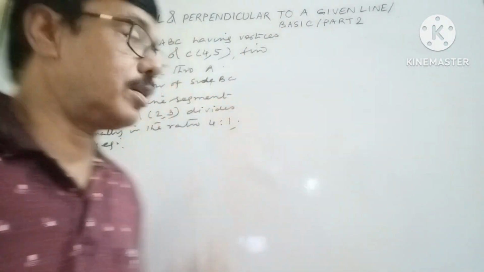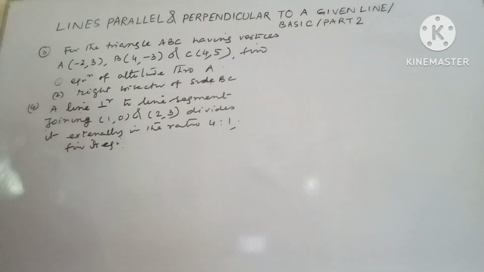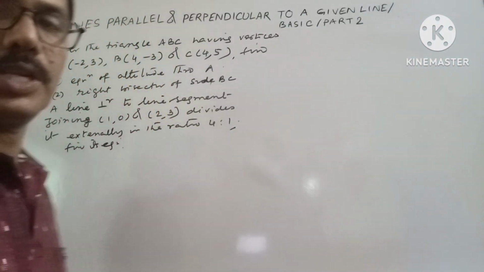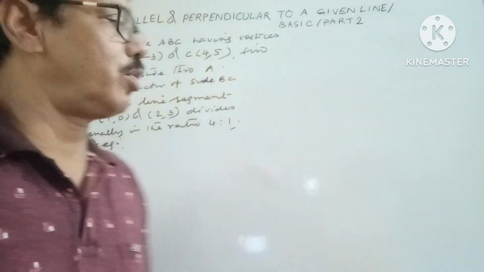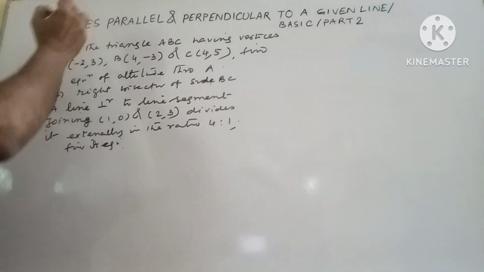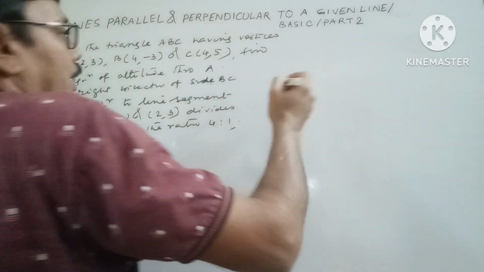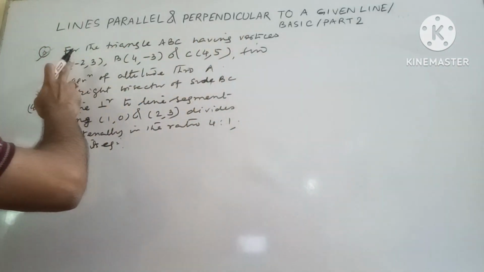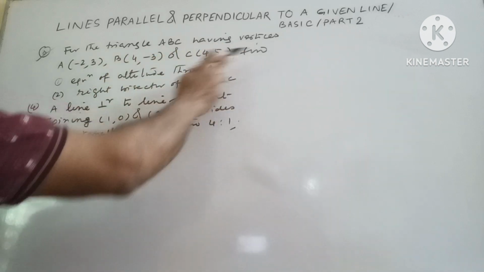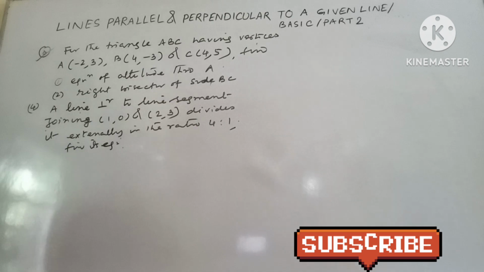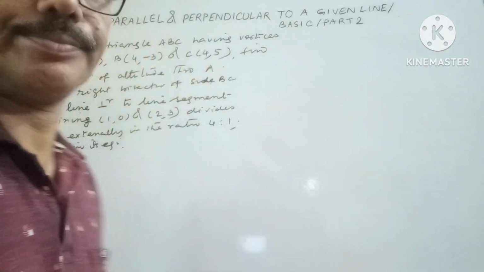Now consider 2 more problems of the same type, using product of slopes equals -1. Problem number 3. For the triangle ABC where the vertices are given, find the equation of the altitude through A and the right bisector of the side BC.